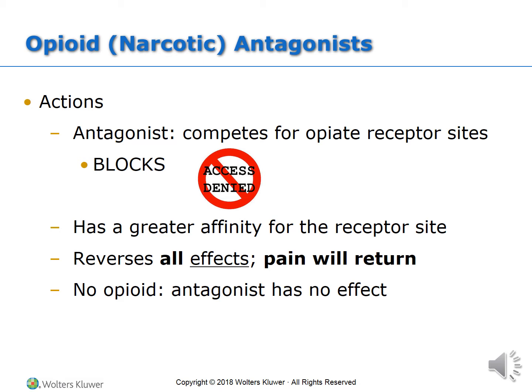If there's no opioid in the person's system and you administer an antagonist, then there's no effect because it's not removing anything from the receptor site. It can attach and block, but what is it actually changing? Nothing. So there will be no effect.